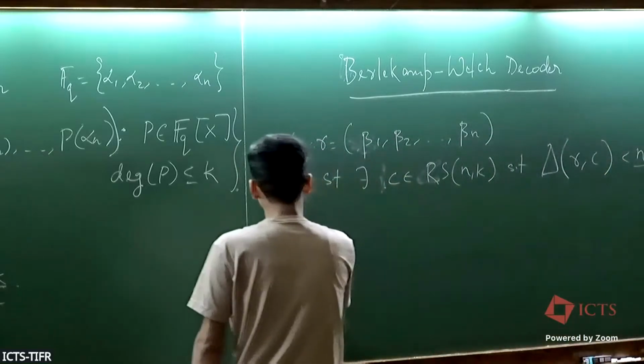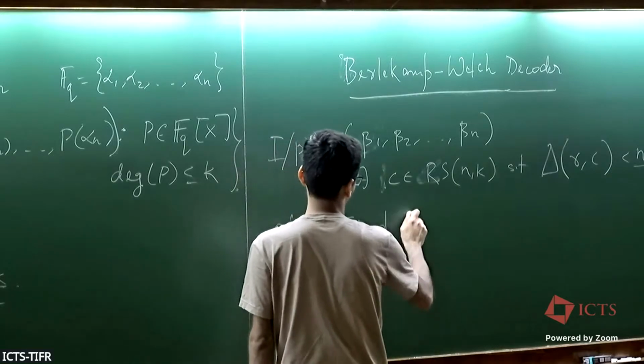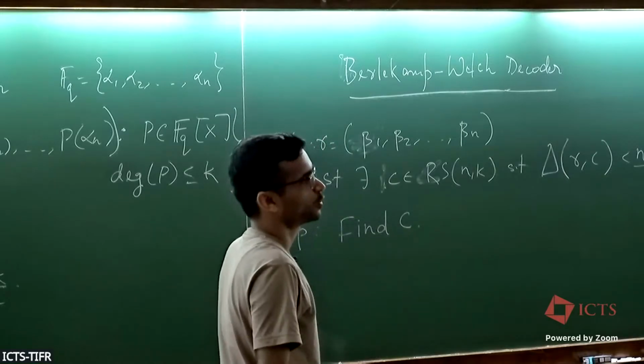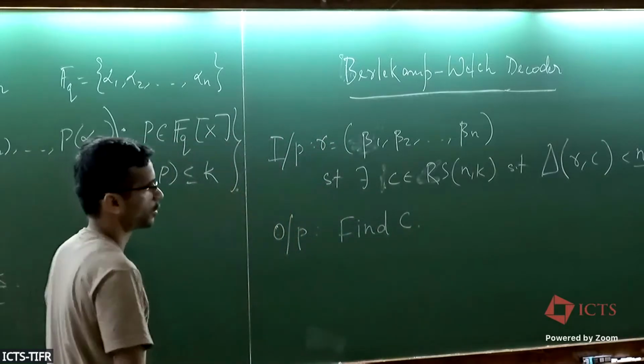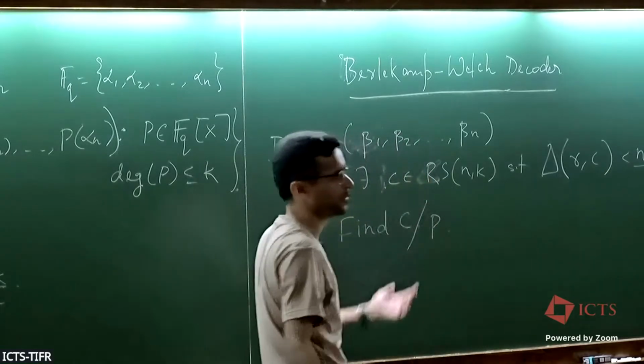And our output will be to find the C. And C is going to correspond to evaluations of some univariate polynomial P. So let's say we'll try to find P.